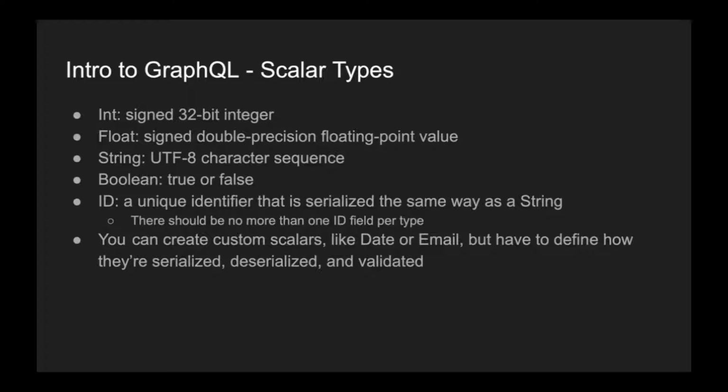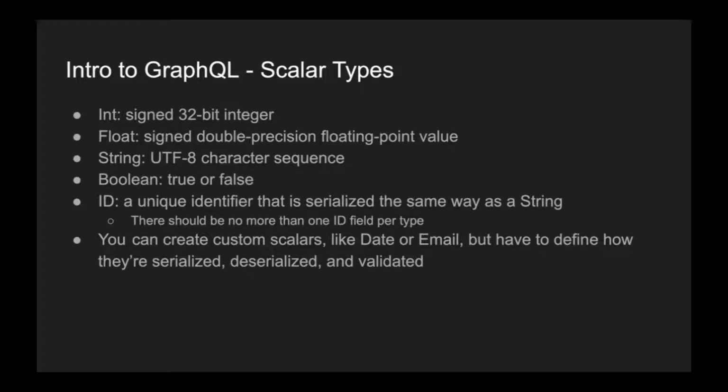The next thing I want to talk about before I move on to other things are scalar types in GraphQL. These are basically the basic data types that you would learn about in any programming language. GraphQL has the basics: an int, a float, a string, a boolean, and an ID.